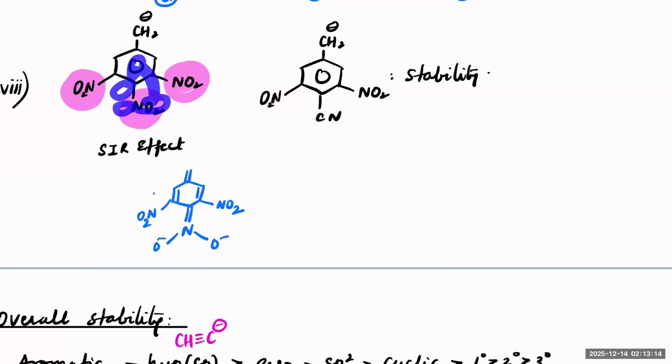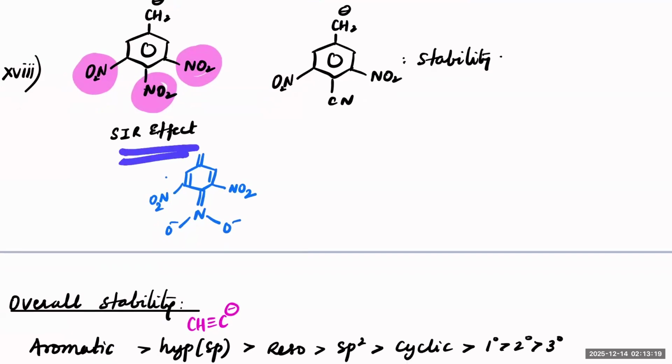So here resonance will not take place anymore. So due to the SIR effect, the resonance is not happening on the central nitrogen. Okay. So here we can say no such resonance is observed. So this type of formation is incorrect.